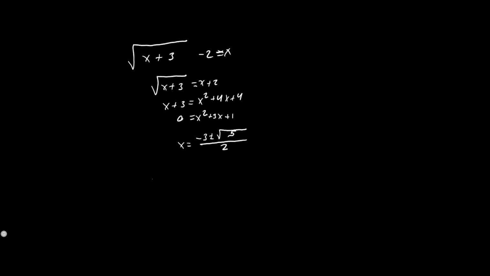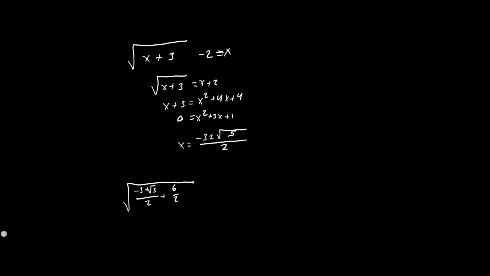So we also get the square root of x plus 3, which is the square root of negative 3 plus root 5 over 2, and 3 is the same thing as 6 over 2.